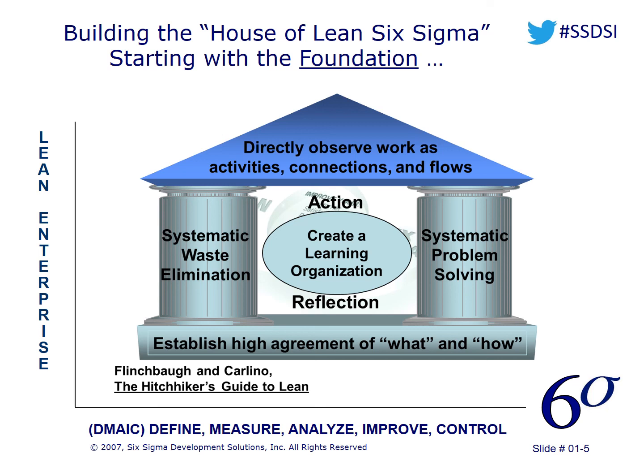So systematic waste elimination and problem solving, once that foundation has been built, leads to the building of the roof. And the roof is culture. All right. As I continuously systematically eliminate waste, as I continuously systematically problem solve, over time this becomes the way we do business. And it's an amazing transformation as this happens.